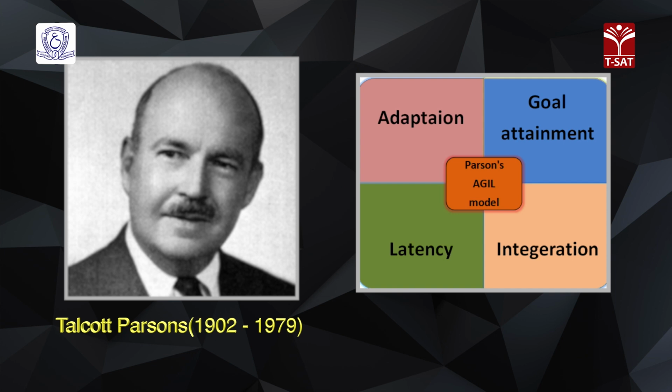According to him, to perform the functional prerequisites which are outlined in the AGIL paradigm, a given society has four major subsystems comprising of people and facilities.